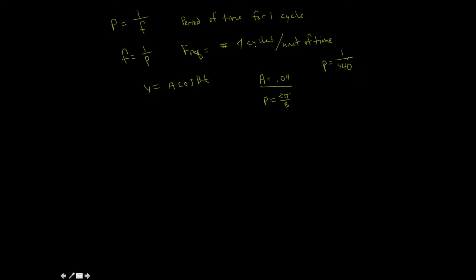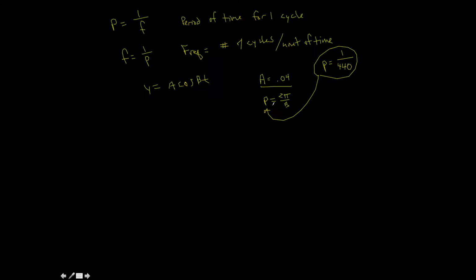Now, that doesn't really help me other than if you don't know where to use that. It's great that you can find the period that easily, but why do I need the period? That's the question. Well, I need the period so I can plug into this formula and find my B, because that's the goal.